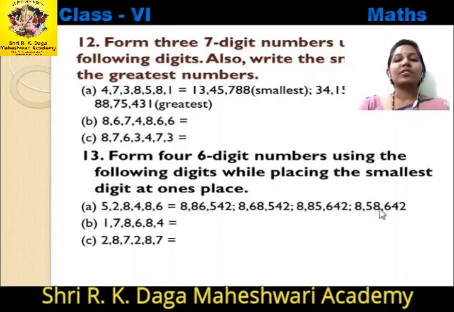You can see in this question the smallest digit is 2 and I have written 2 at units place in each number. The first number using these digits is 8,86,542, then 8,68,542, 8,85,642, 8,58,642. We just follow the condition that the smallest digit should come at units place.